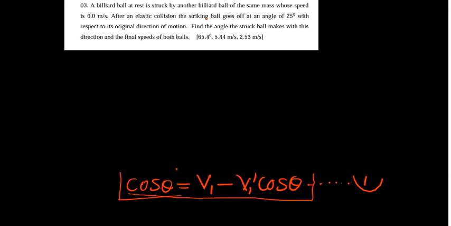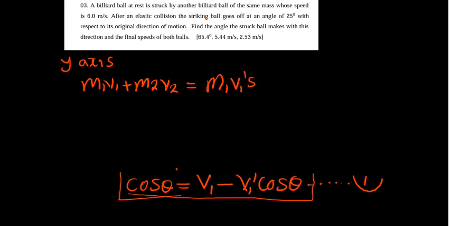All right, so in the y-axis, m1 v1 plus m2 v2 is equal to m1. For the final velocity of the first ball, we're going to put the y component of that velocity, which is just v1 final sine theta, plus, for the second ball, we know that it went below the y-axis, in the negative direction of the y-axis.